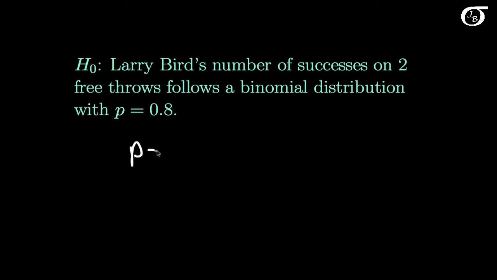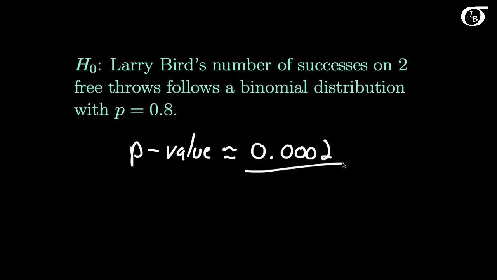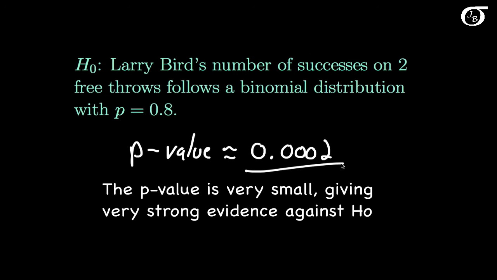And we tested this null hypothesis, and we found a p-value that was approximately 0.0002. A very small p-value indicating very strong evidence against this null hypothesis. So we have very strong evidence that this is simply not true.